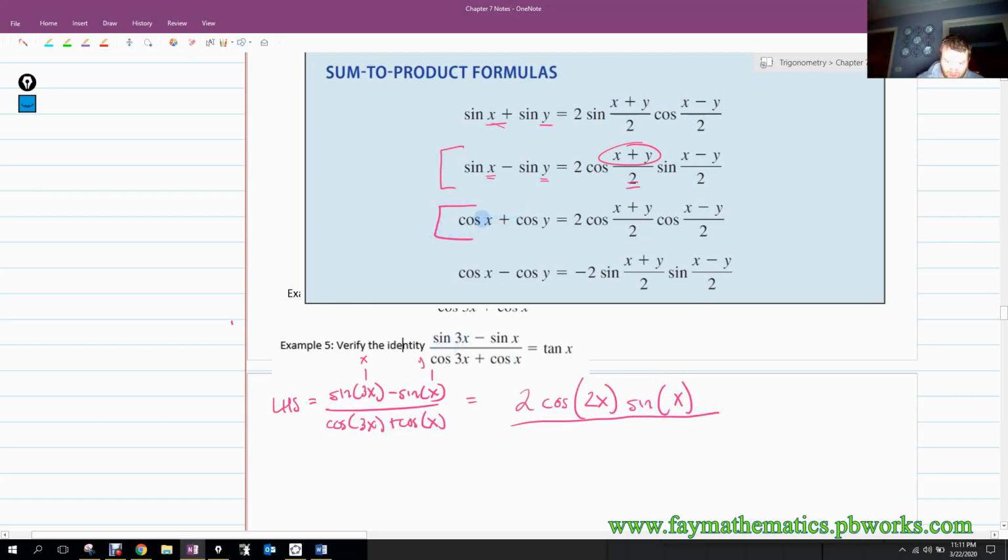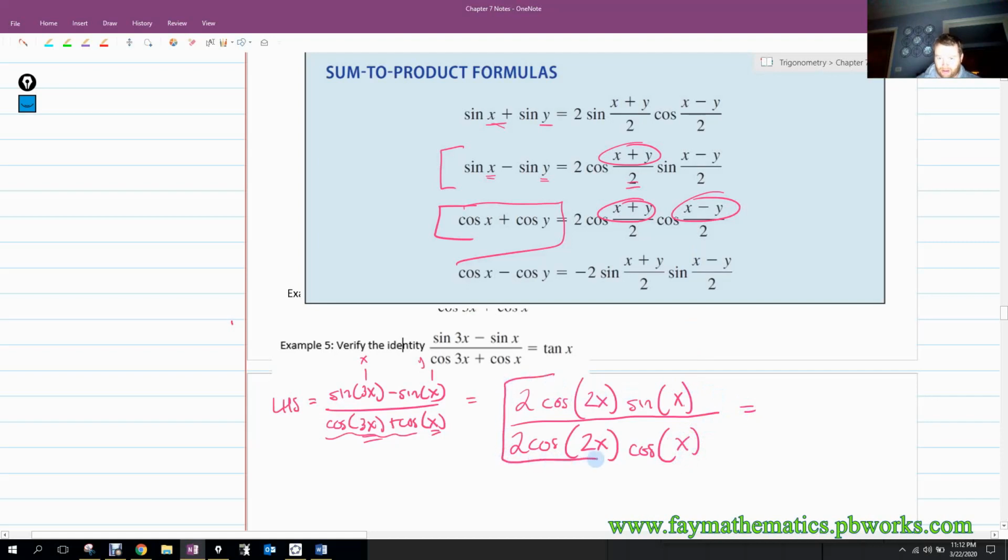Now the bottom is the cosine, and it's a sum, so I'm just trying to figure out, what does that one look like? It looks just like that right there, with the x's and y's being 3x and x respectively. So then it's going to turn into 2 cosine, add your two arguments together, that gives you 4x, divided by 2 gives you 2x. And then cosine, subtract your x and y, so subtract 3x and x gives you 2x, divide that by 2, and it gives you x.